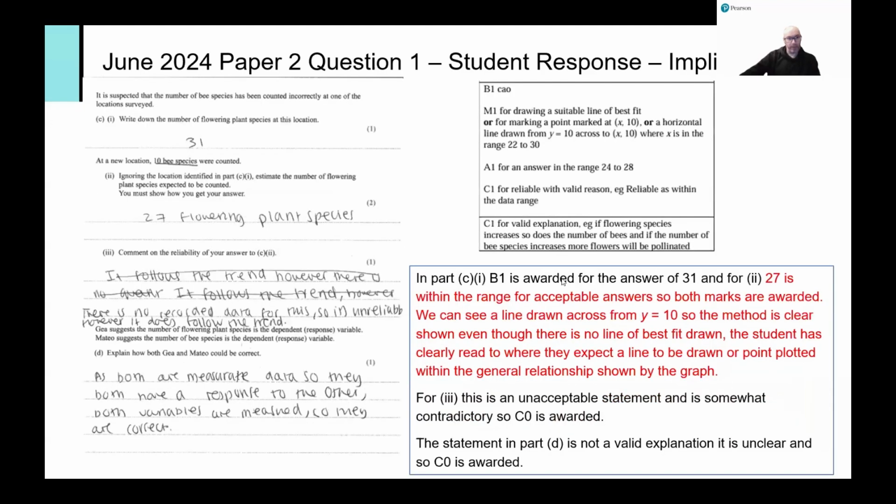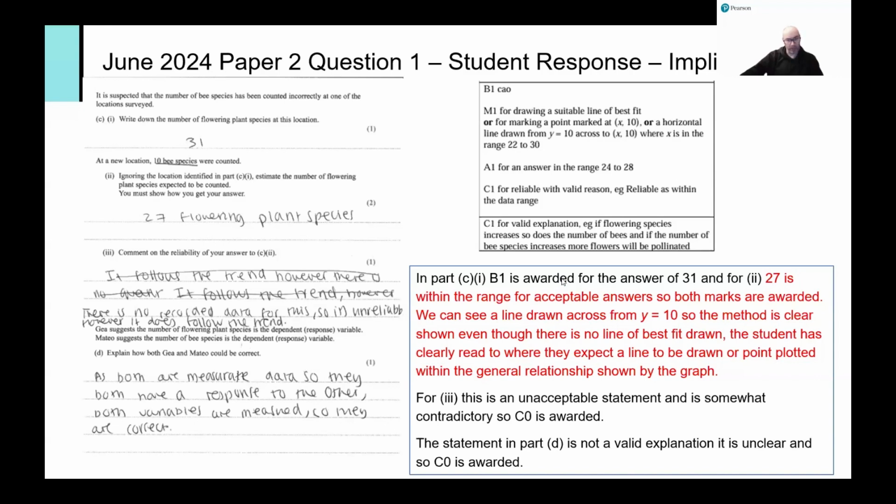C and D. So you can see, again, I've got the notes there as well. They've got the B1, the answer of 31. And for part 2, 27 is within the range, so it's between 24 and 28. There was a line drawn from y equals 10.